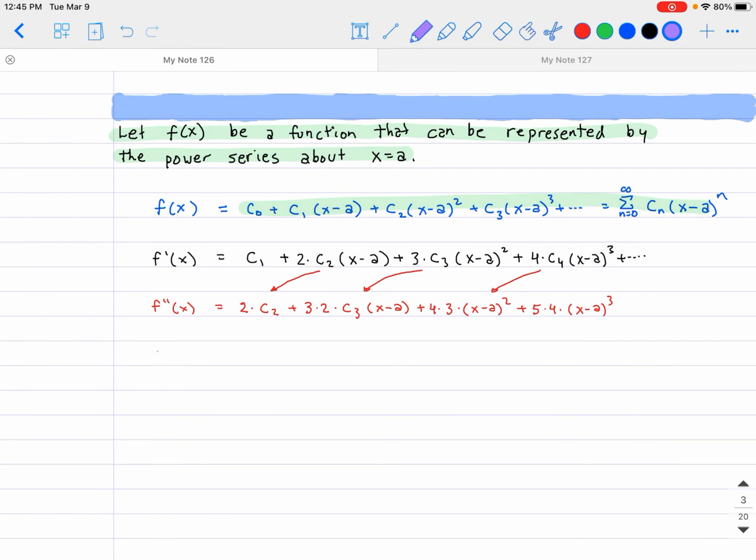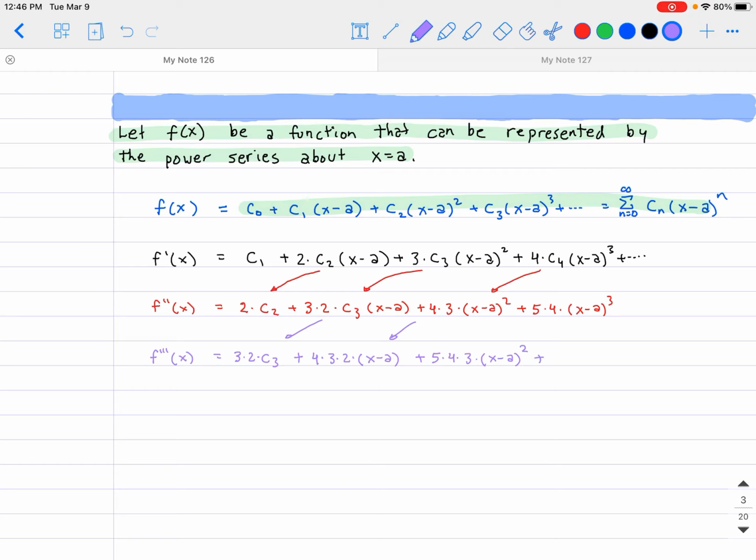So let's take the third derivative over here. My third derivative, the first term is going to go away. My second term, its derivative will just be 3 times 2 times c3. And then the third term, its derivative, is 4 times 3 times 2 times x minus a raised to the first power. And then the next term after that, its derivative, is going to be 5 times 4 times 3 multiplied by x minus a, and then that becomes squared.